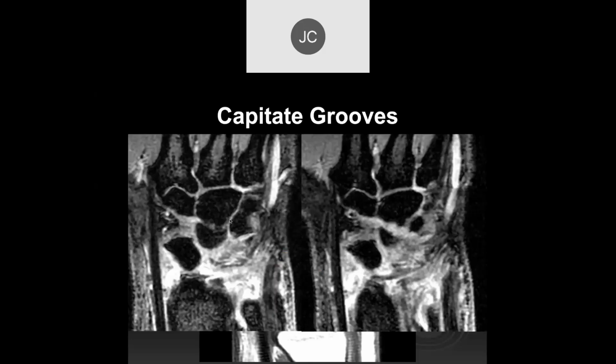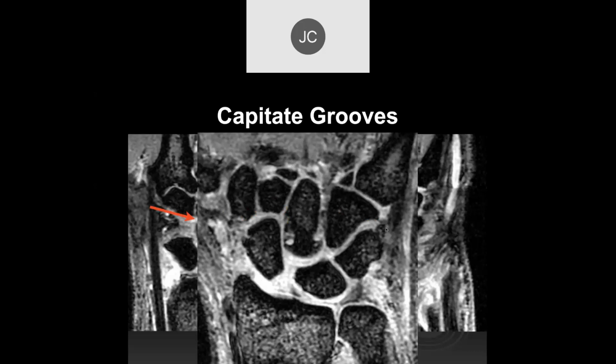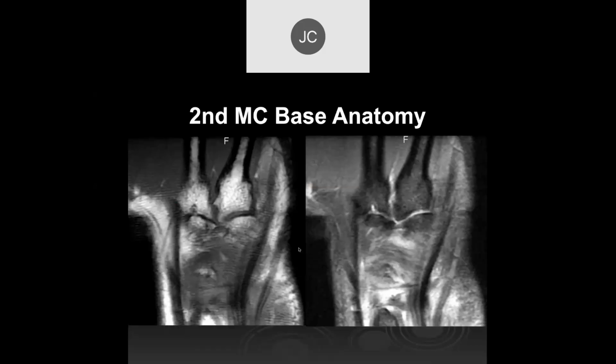Okay, and then another thing that you can often see on the coronal plane are these grooves, both volar and dorsally, involving the capitate, which are normal anatomy. And if you get partial volume, these grooves can be a little bit irregular and can look like erosions.